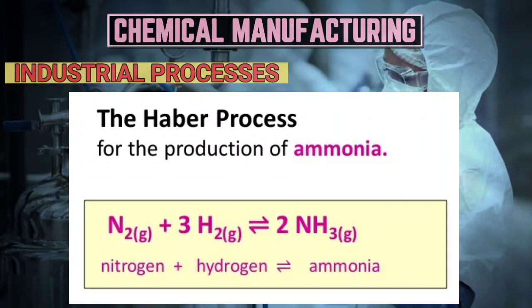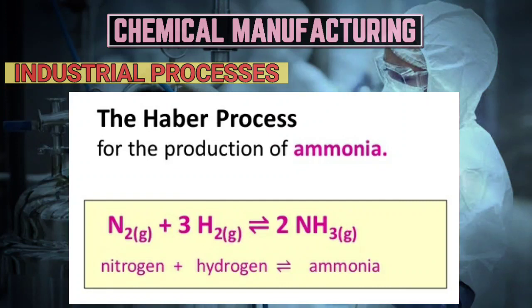Now, if you look at the general equation of reaction, you will see nitrogen and hydrogen producing ammonia in 1:3 ratios. So, the raw materials: nitrogen is obtained from the air by fractional distillation of air, and hydrogen is mainly obtained from the cracking of hydrocarbons or from natural gas and steam.